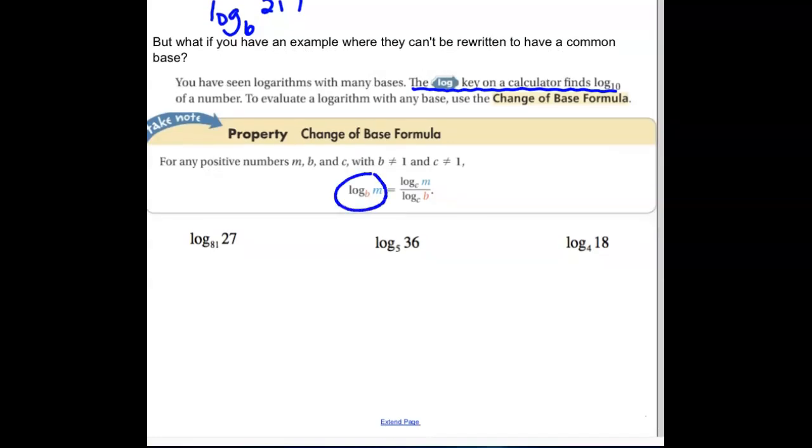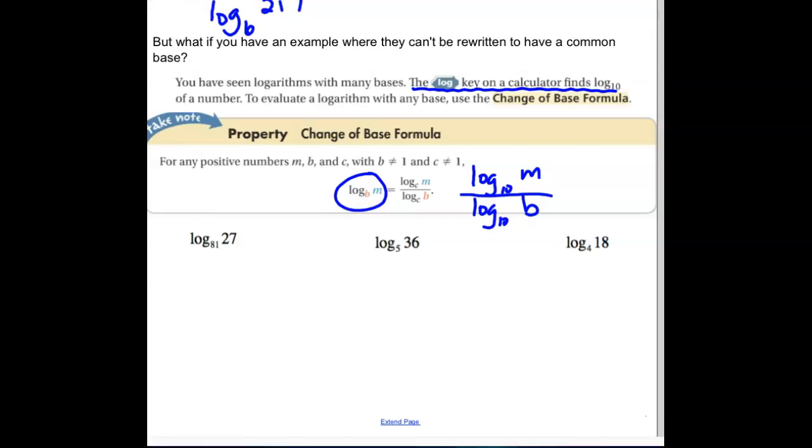So the log base b of m can be written as log of m divided by log of b using a different base. The only restriction is that your bases can't be 1. So we could write this as log base 10 of m and log base 10 of b. We can pick other bases for our logs as well, depending on the calculator you have.